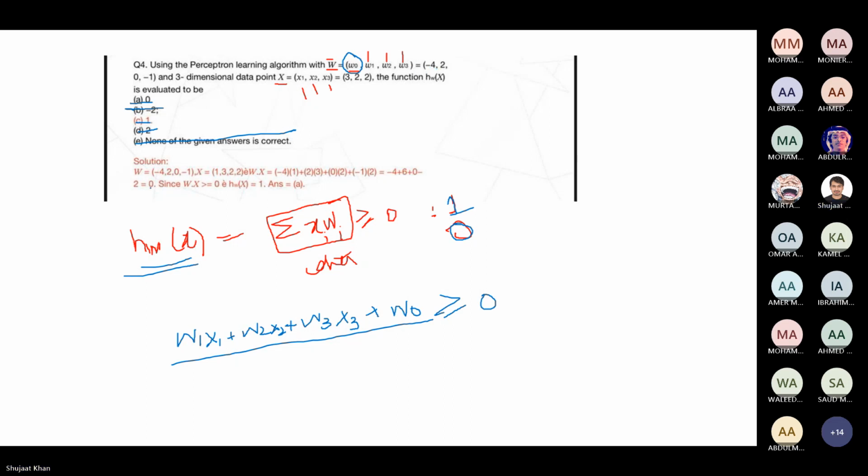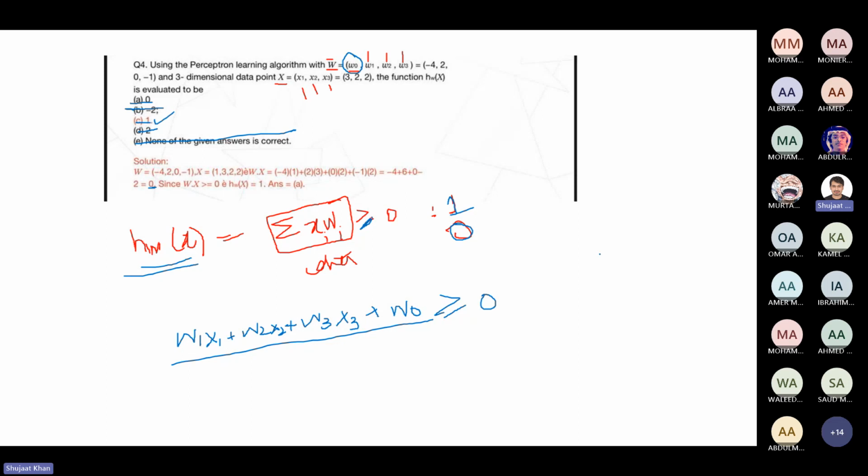So the value is 0, and then you feed this value to this function. This function says greater than or equal to 0. Because 0 is in its range, it produces output 1. So this is why 1 is the correct answer.